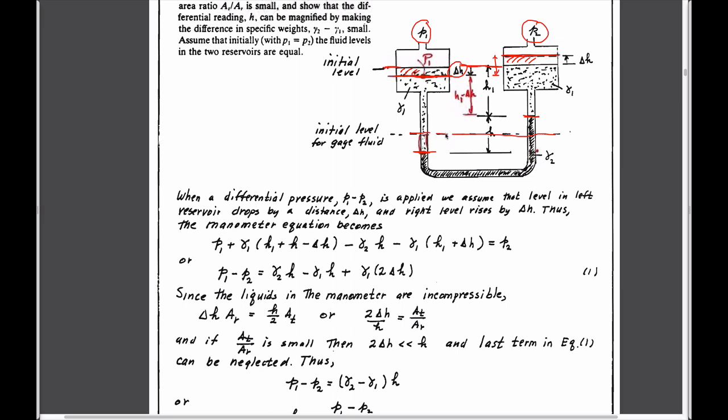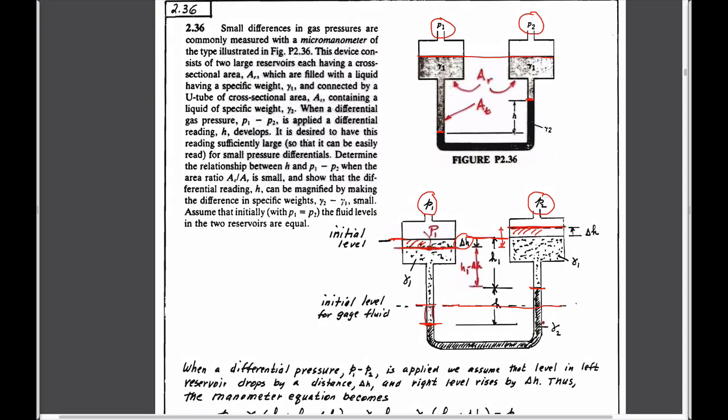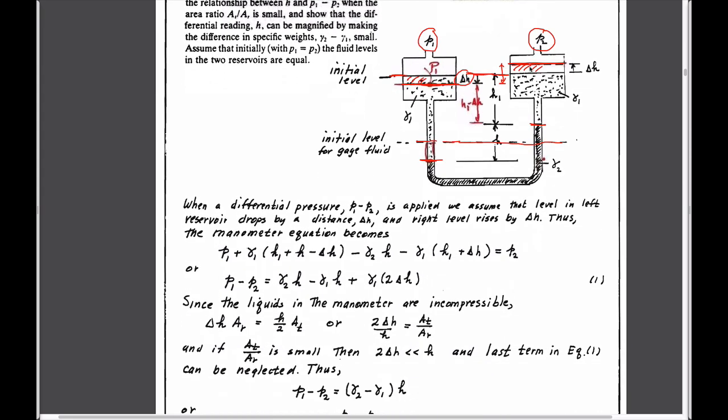So this position here would be half the height of this h. And so that's the condition we begin with. Slightly different from this: instead of starting off with this at a different level, the second gauge fluid is at exactly the same level here, which means that these would balance directly here because it's symmetric. So that's the initial condition.